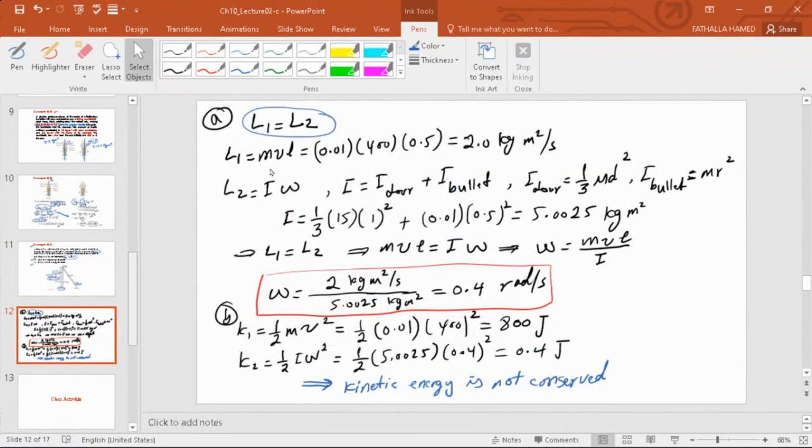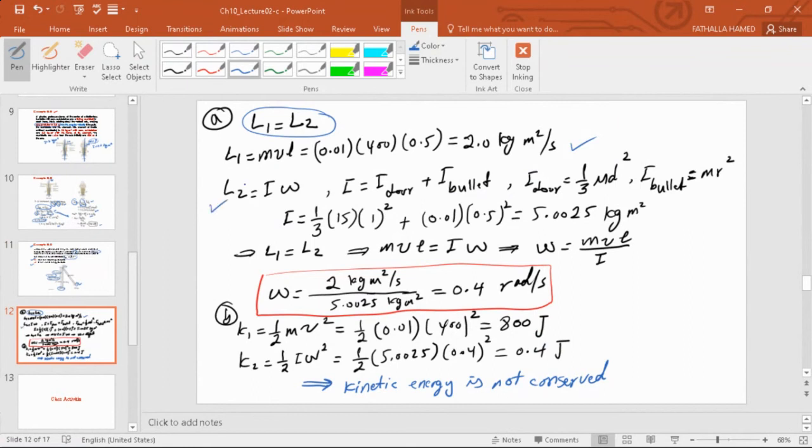So it will be equal to mvl. Mass of the bullet is 10 grams, which is 0.01. V, or the speed, will be 400, and L is equal to 0.5. That's how far it is. And this will give me 2 kilogram meters squared per second, and that's your initial angular momentum caused by the bullet.